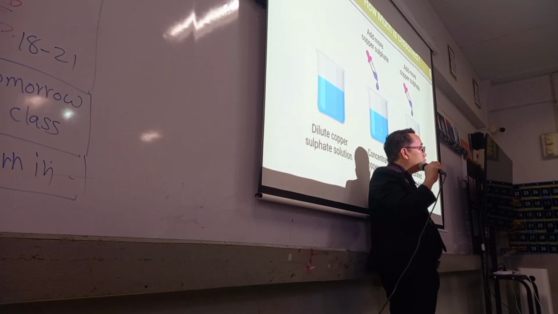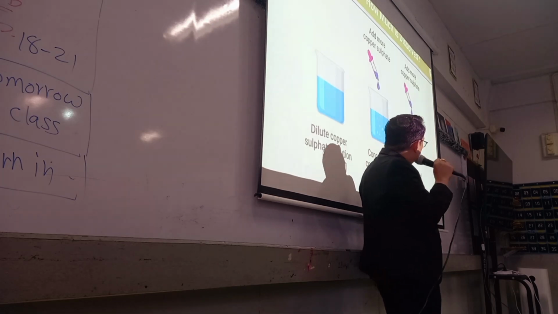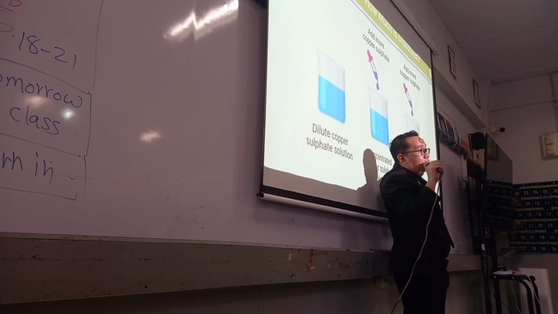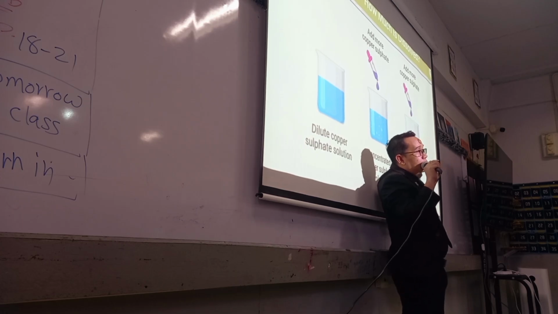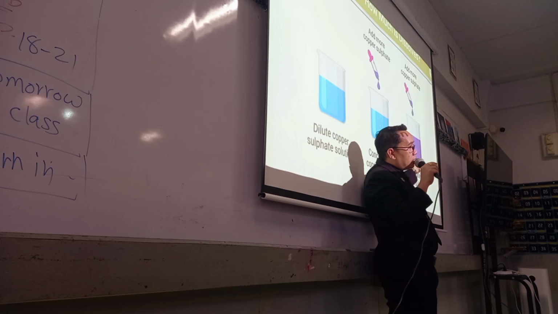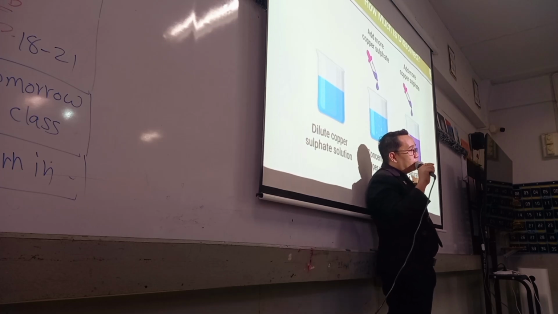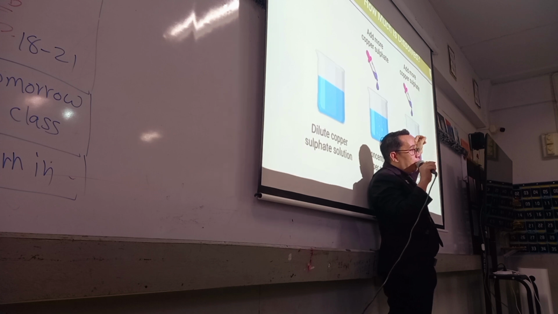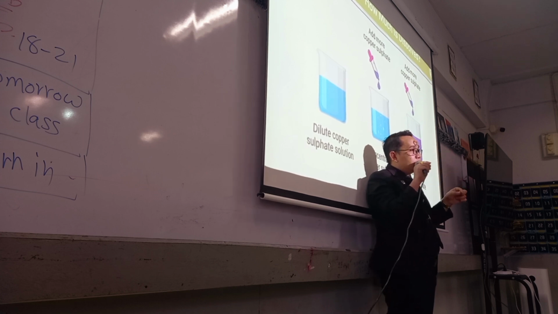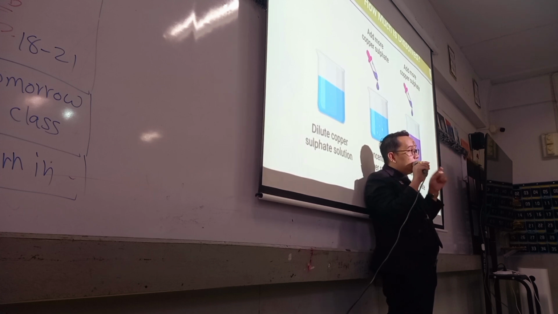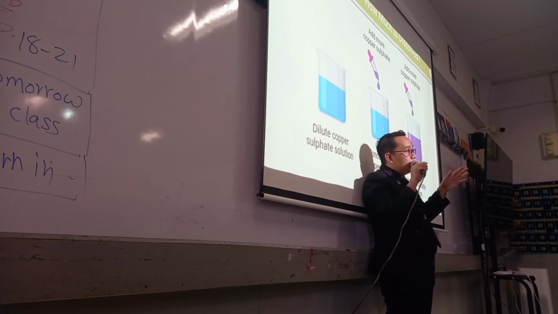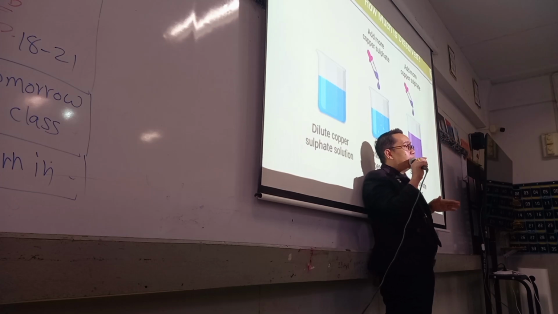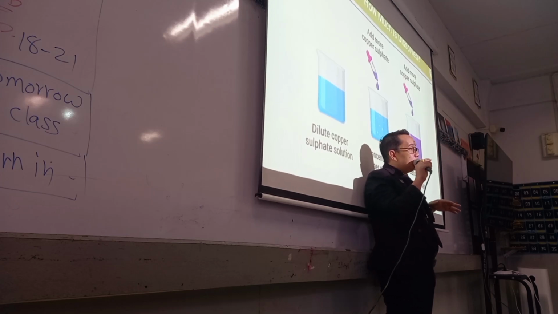Why does the color turn like this? What's the reason this one becomes a saturated solution? The color changed by dissolving in the water or solvent, since the amount of water is less while the amount of solute, which is the copper sulfate, is higher. That's the reason why.